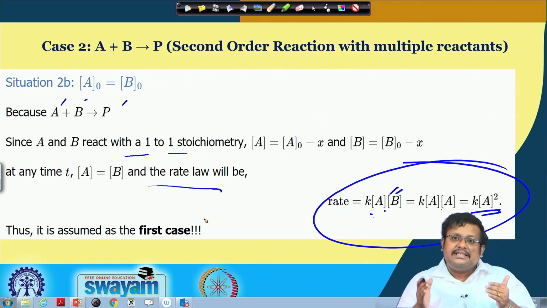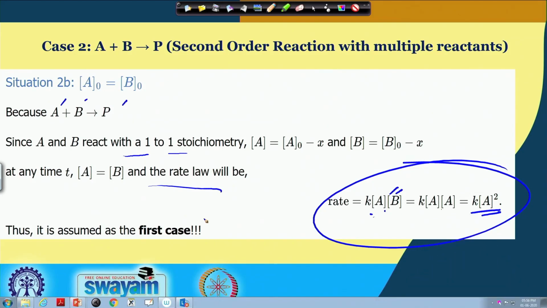If you plot the logarithm of concentration of a reactant versus t, you will get a straight line which gives a negative slope. However, in case of a second order reaction, it will give you a positive slope when you plot 1 by the concentration of a reactant against time. So, this is how you can differentiate between a first order reaction and a second order reaction.